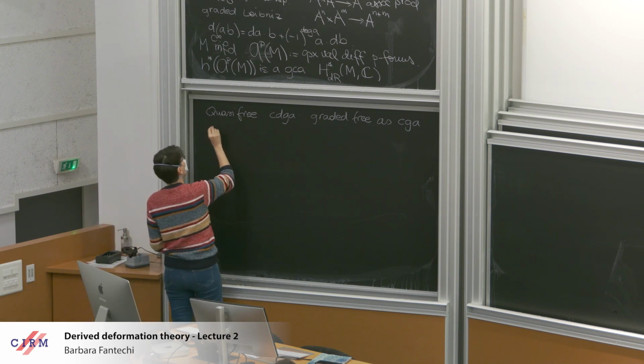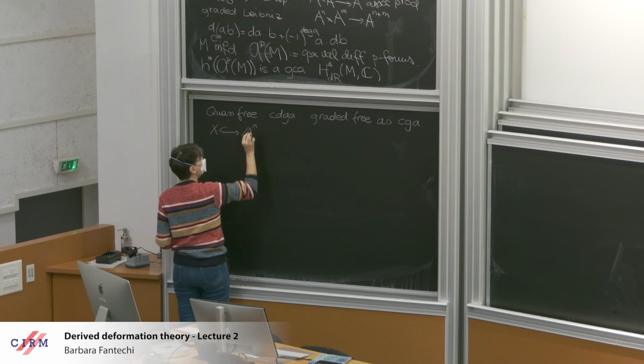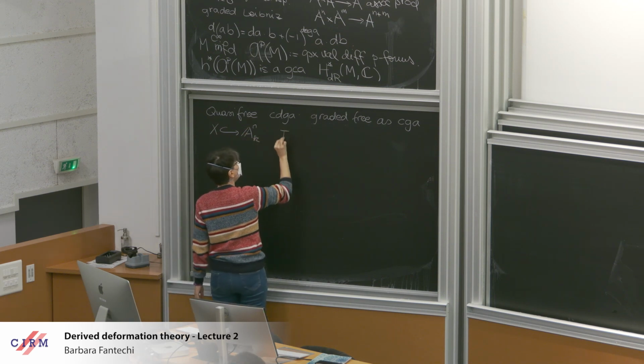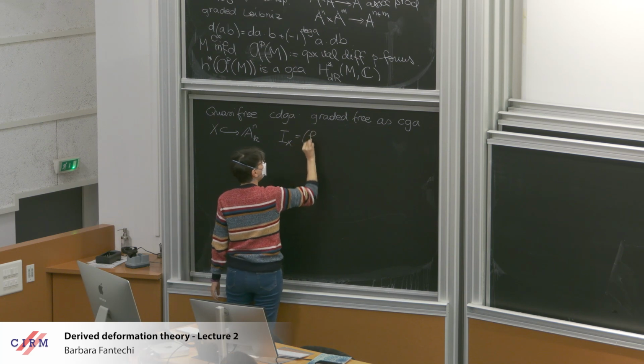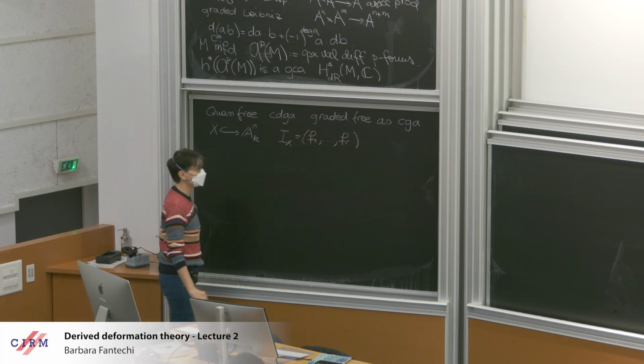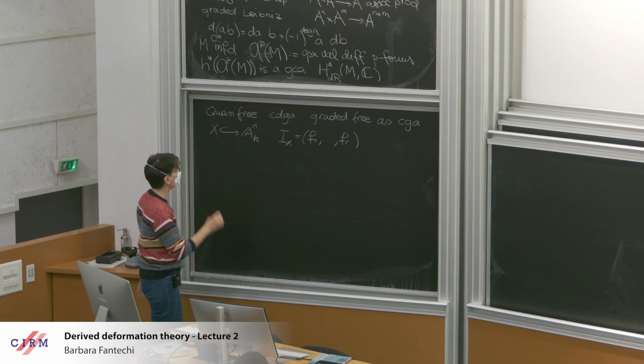So let's assume that you have X inside A^n, okay? And it's given by the ideal of X. You have r explicit generators. So this will depend on my choice of generators.